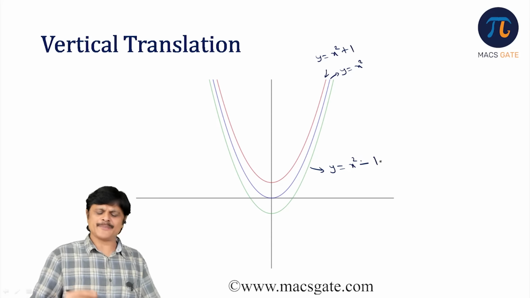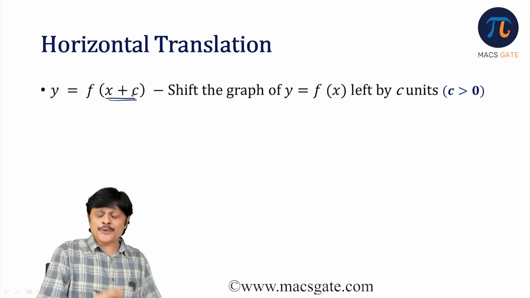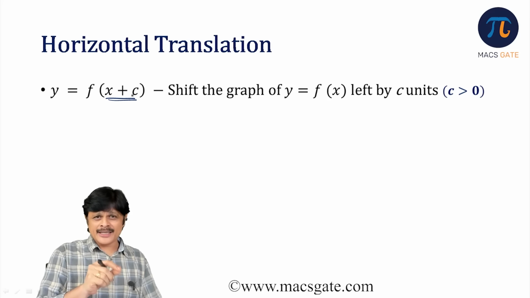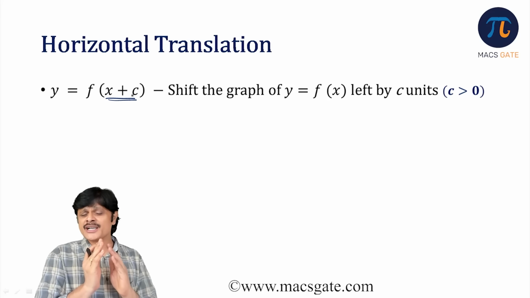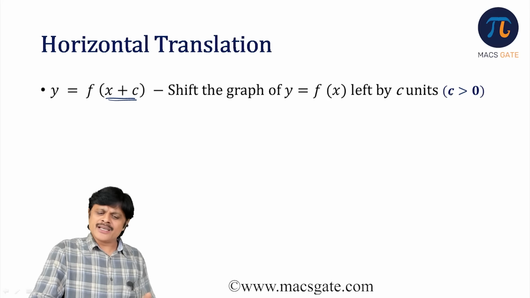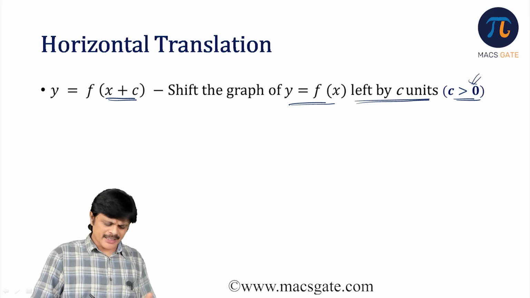Now let us understand horizontal translation. When c is added to the argument, plus c means shifting will happen to the left side. This is horizontal shift left side. Please remember, c should be positive. So y equals f(x plus c) shifts left by c units. Let us understand this with an example.